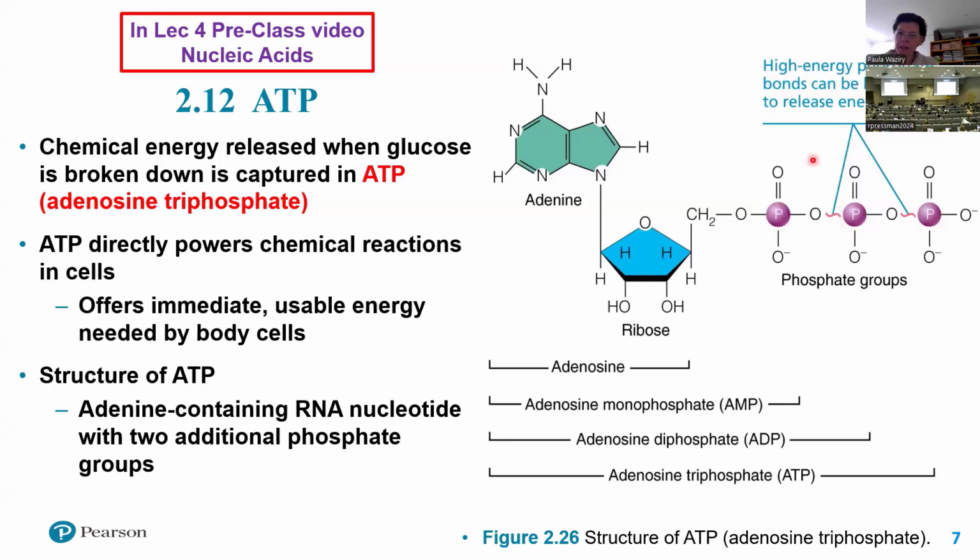Let's look at this. This phosphate group right here has a phosphorus in the middle and oxygens all around. The oxygens are very electronegative and carry electron clouds all around them. So this whole piece of the molecule is very much negative. Now you stick it to another very negative molecule.